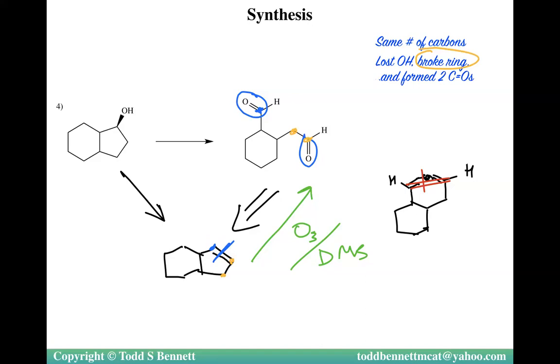So this is where we have to invoke some of our reactions for getting an OH into a better leaving group. So this OH, we can treat it with PBr3, for instance, and turn it into a bromine. So that'll be one of my steps.